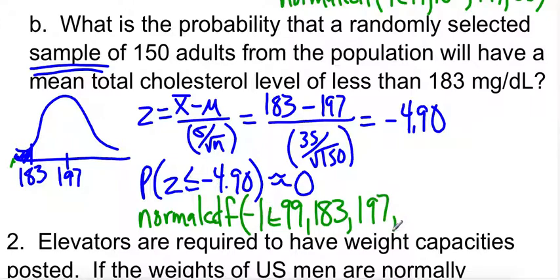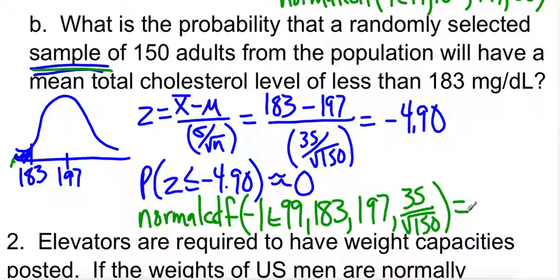The difference here is our standard deviation is smaller because we have a sample of 150. Remember, we're taking all those means, so our distribution is going to get narrower. So instead of 35, it's 35 divided by the square root of 150. You can type it into the calculator exactly like that, and the calculator will do the calculations correctly.